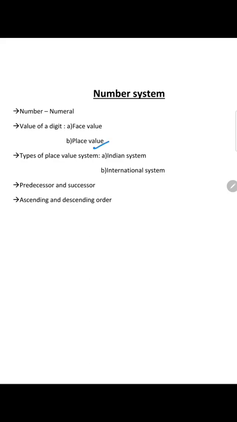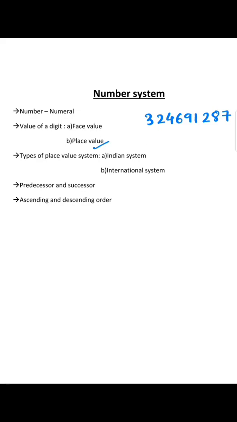So, place value, as its name suggests, is nothing but, I will take an example for this. This is the number that I am taking in order to explain place value.